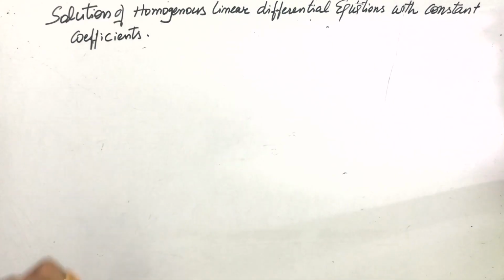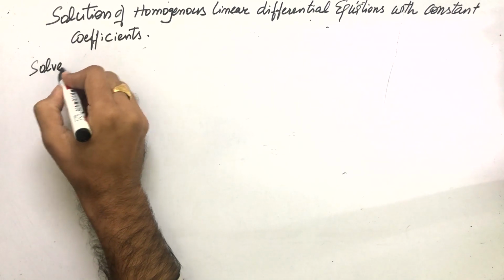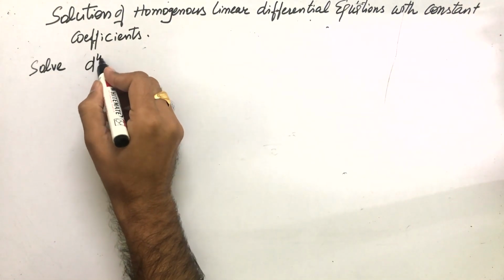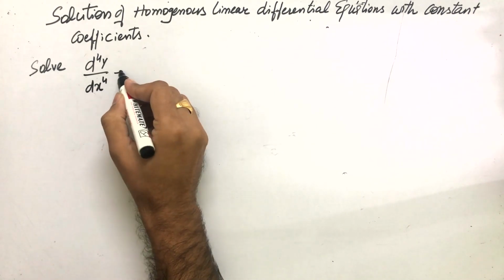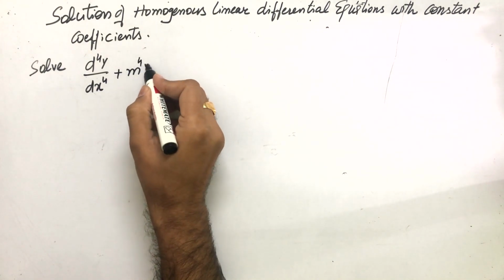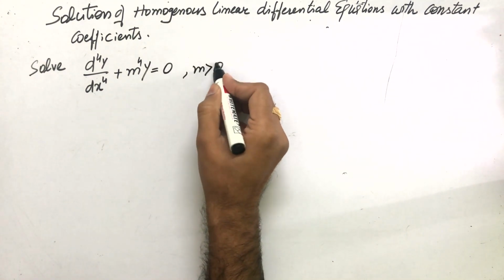Another numerical, that is: solve d power 4 y upon dx power 4 plus m power 4 y is equal to 0, for m strictly greater than 0.